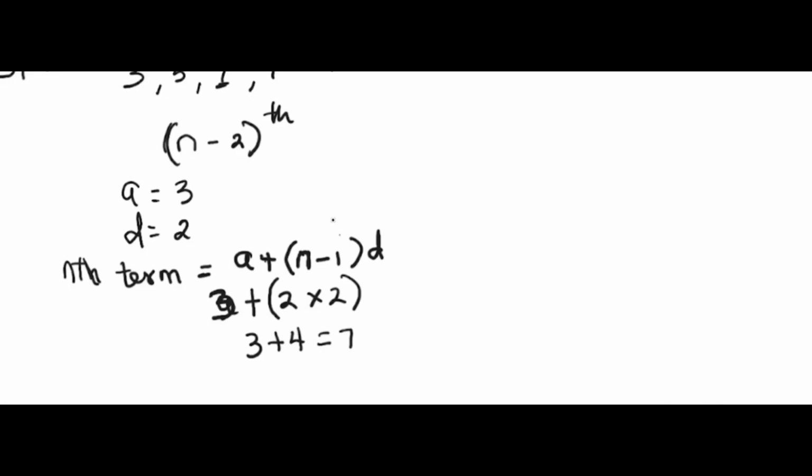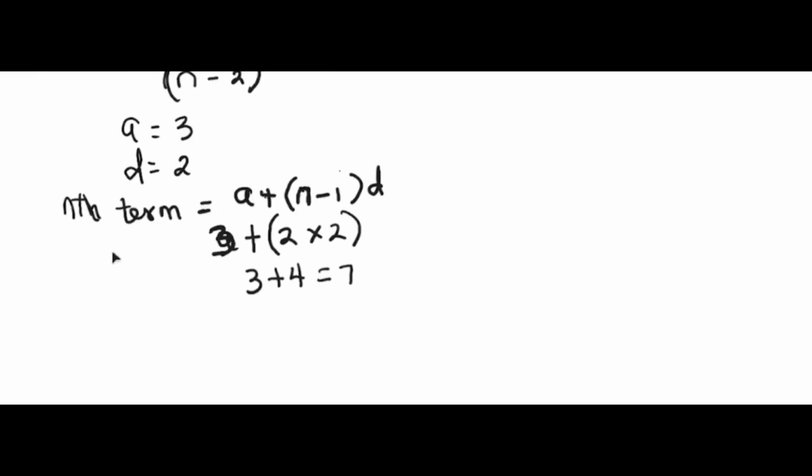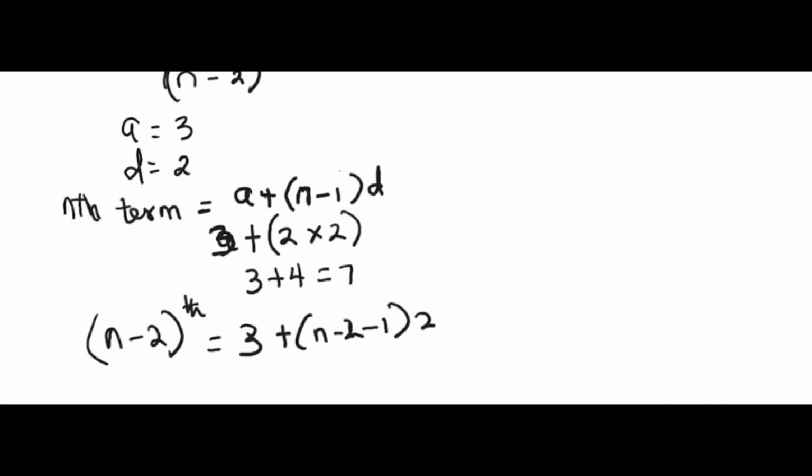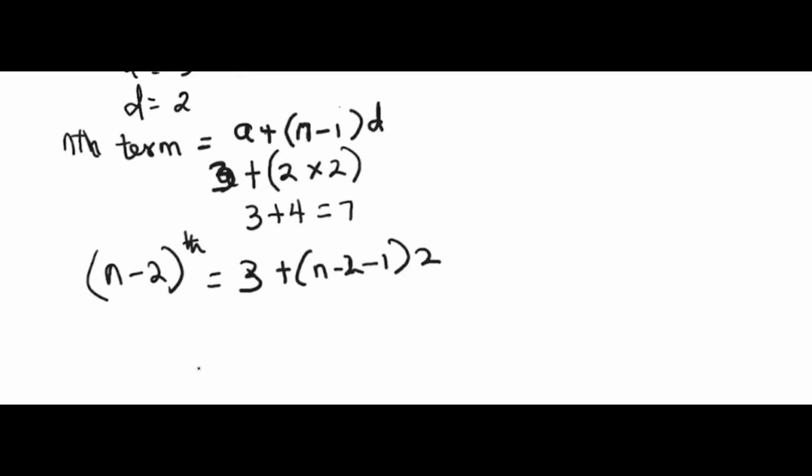So for n minus 2, we'll have 3 plus n minus 2 minus 1 times 2, which is the difference, right? So that will be 3 plus n minus 3 times 2.